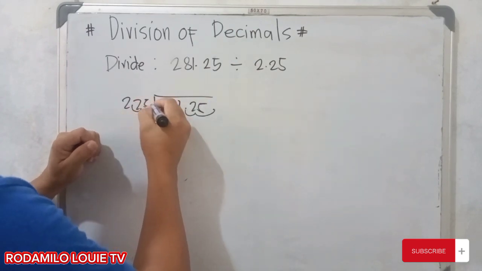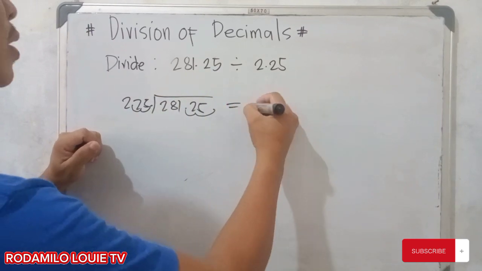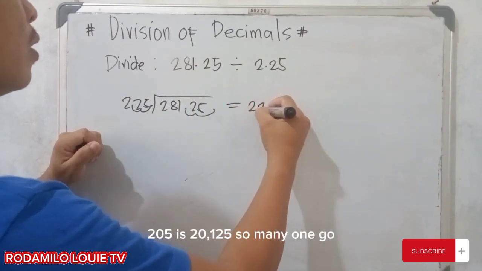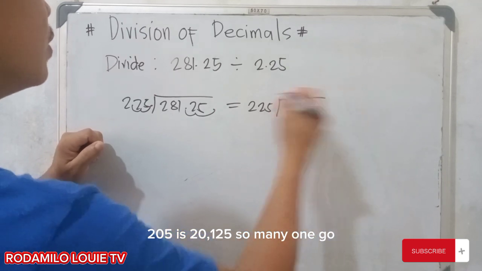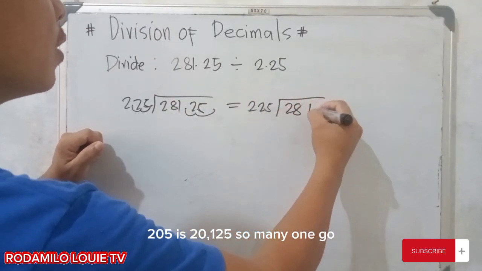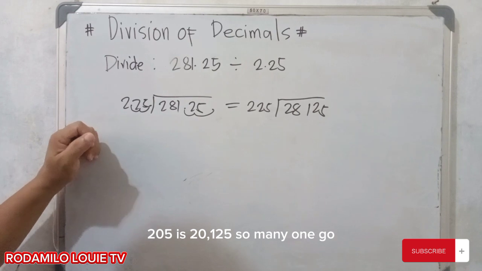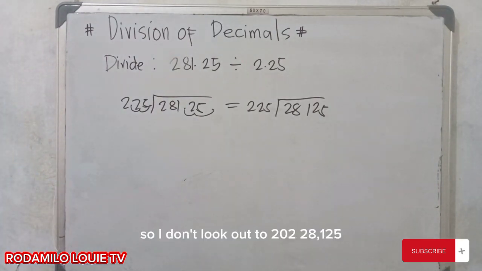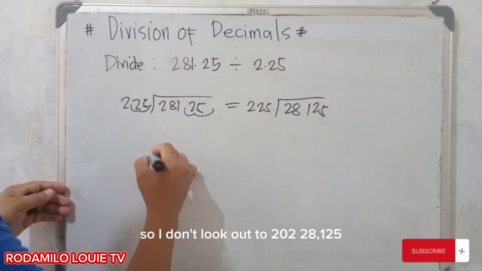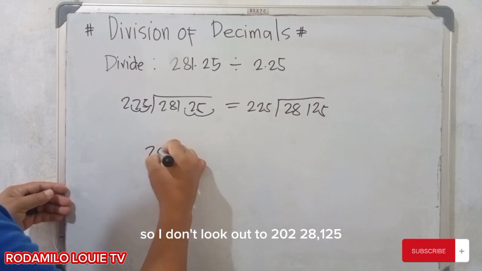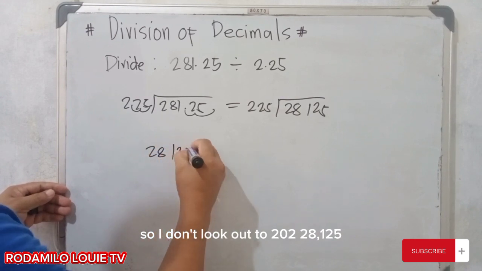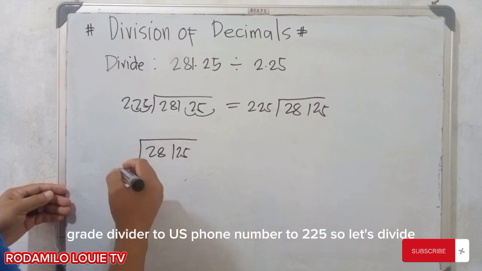So equal na siya into 225. Kini is 28,125. So atong kopyahan ito, 28,125. Kaya divide na to as whole number.